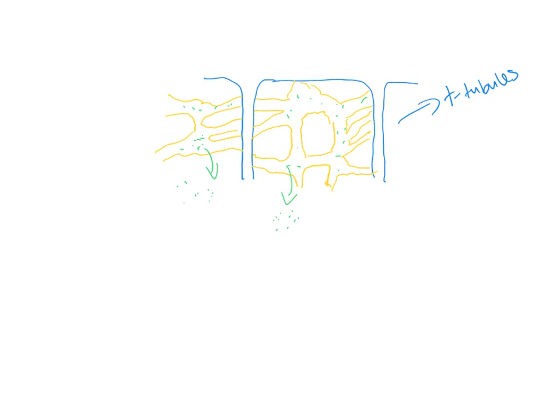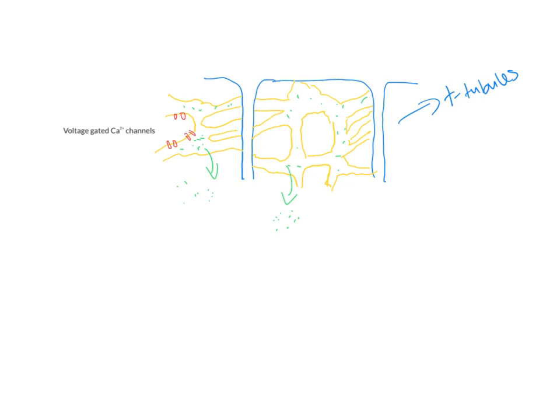And the reason that it gets released is because there are voltage gated calcium channels on the sarcoplasmic reticulum. And I didn't draw them here, but we can just draw a few of them, some channels on here, okay?